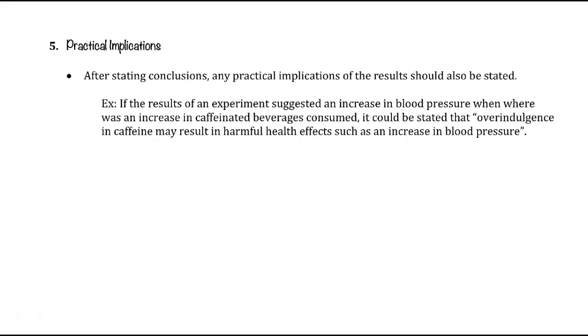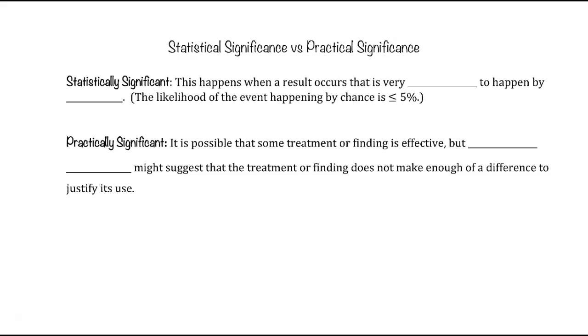And speaking of practical implications, let's talk about the difference between being statistically significant and practically significant. What does it mean for something to be statistically significant? This happens when a result occurs that is very unlikely to happen by chance. We typically use a threshold of 5%. We would say that a result is statistically significant if the likelihood of that event happening by chance is less than or equal to 5%.